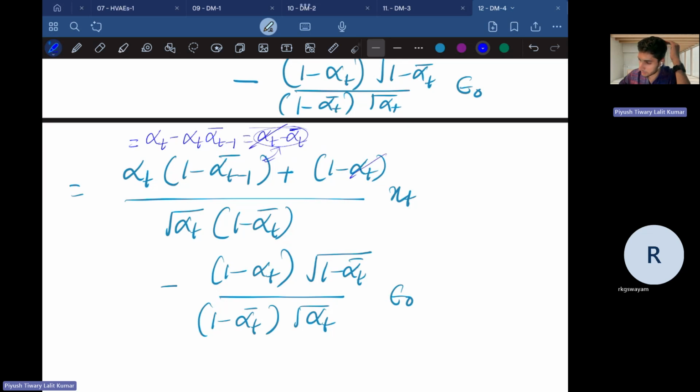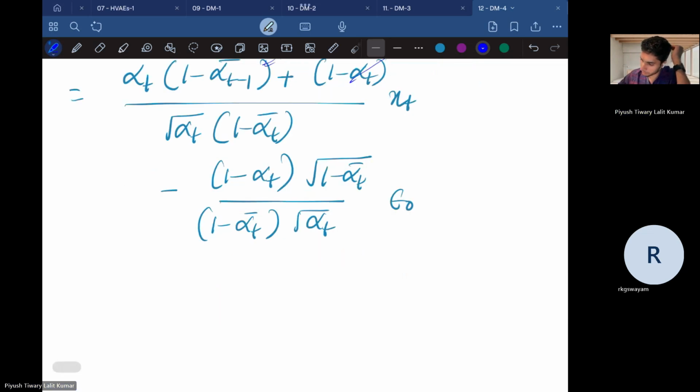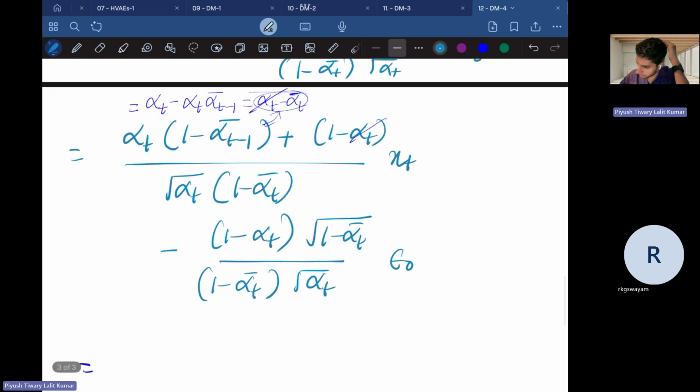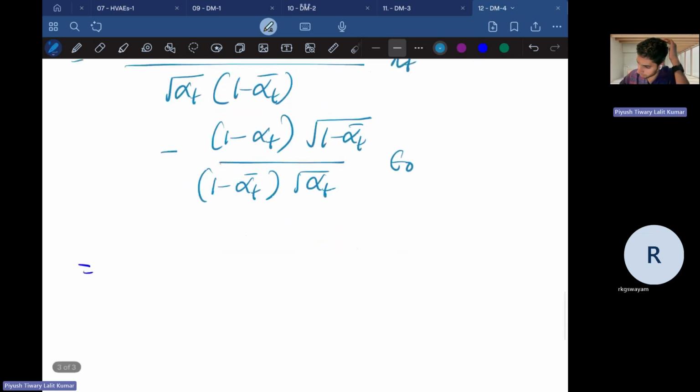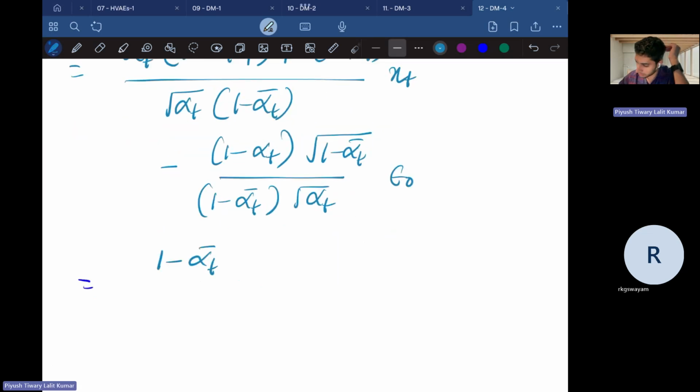So this alpha t and this thing will get cancelled, right? So this leaves us with what? This will become 1 minus alpha t bar, that's all. So this will become 1 minus alpha t bar divided by square root of alpha t into 1 minus alpha t bar, right?